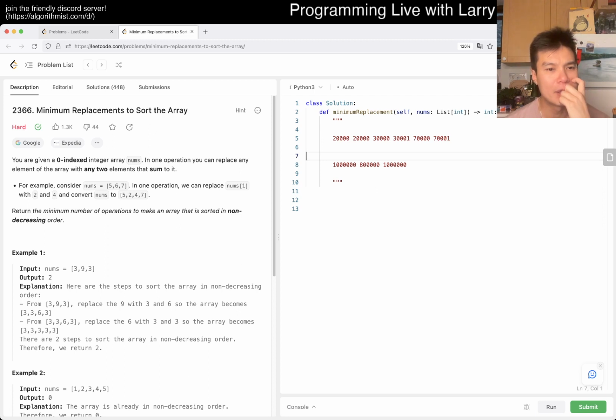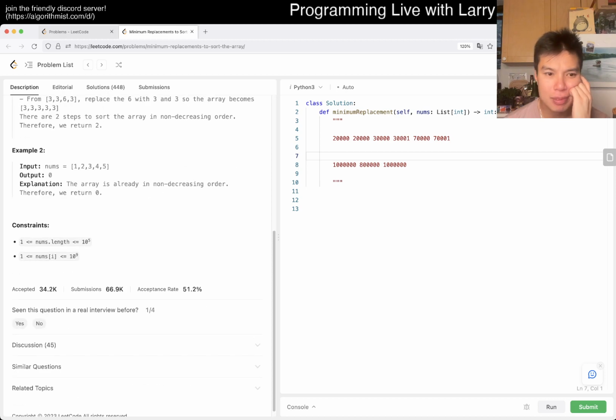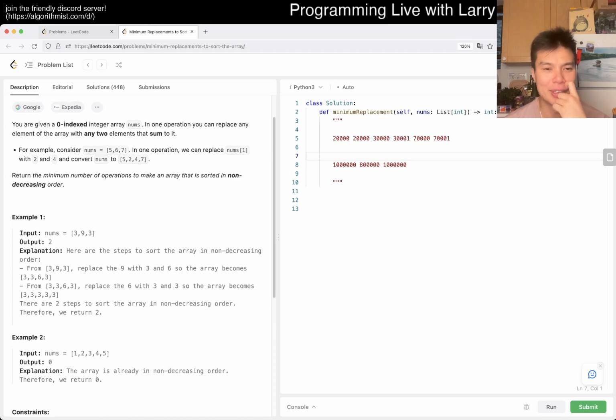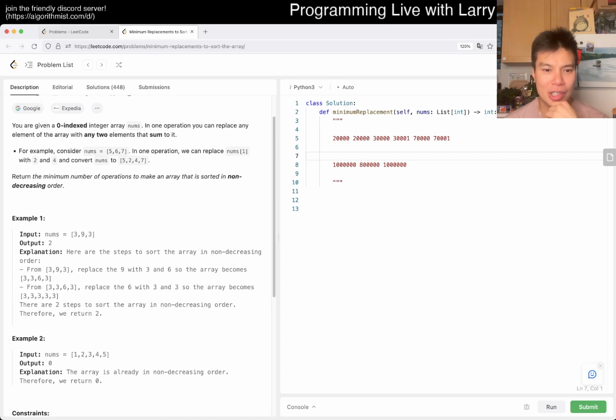Minimum number of operations. I mean, and also 10 to the 9, yeah. I just kind of had some DP solutions in my head that are like n squared-ish again, and I was just trying to think whether there is a solution.